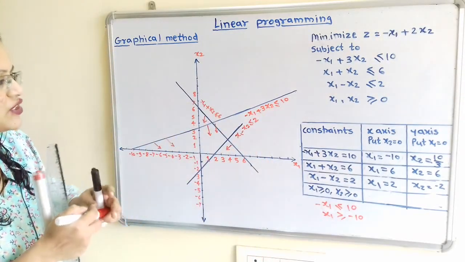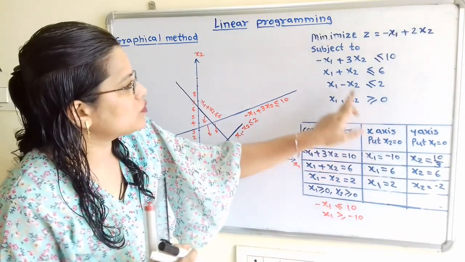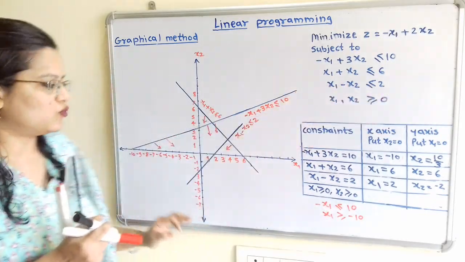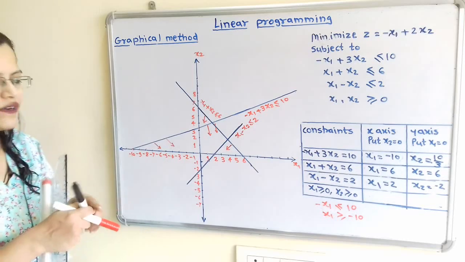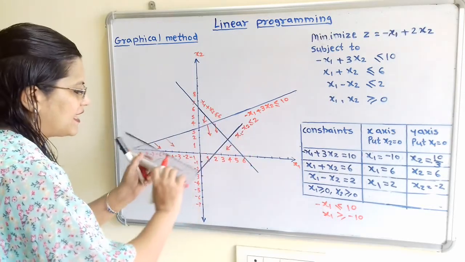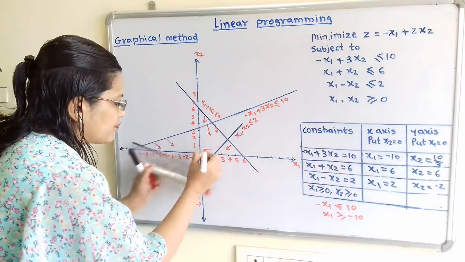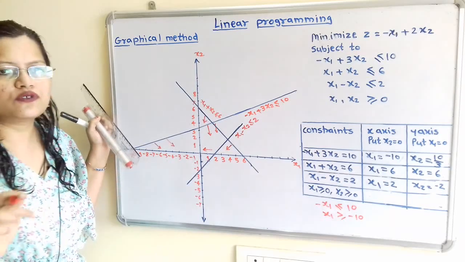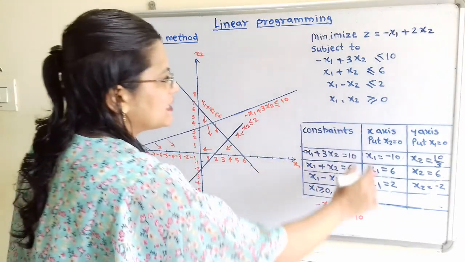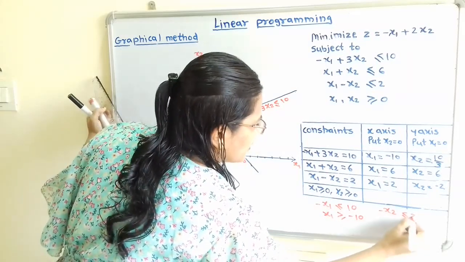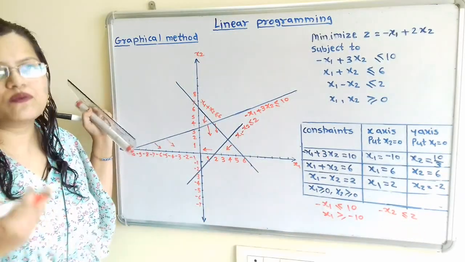Now for this constraint, if I put x2 equal to 0, then x1 is less than or equal to 2. So all the values less than 2 are on the left hand side, and I will show an arrow. Now when I put x1 equal to 0, I rewrite minus x2 is less than or equal to 2, so we have to modify this.